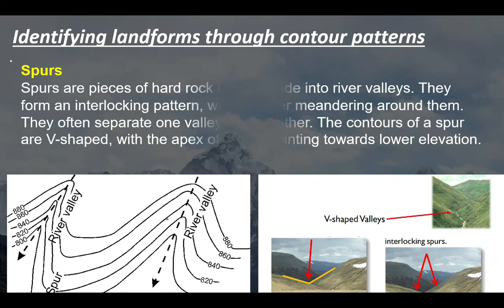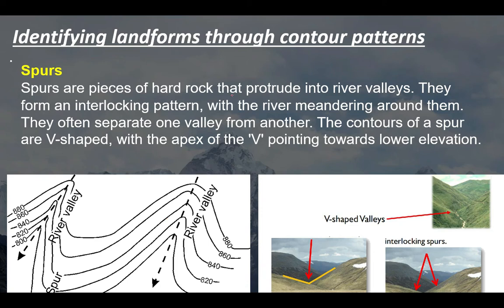Next is spurs. Spurs are pieces of hard rock that protrude into river valleys. They form an interlocking pattern.